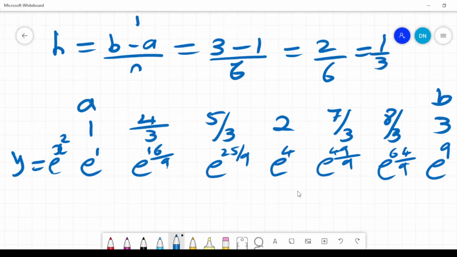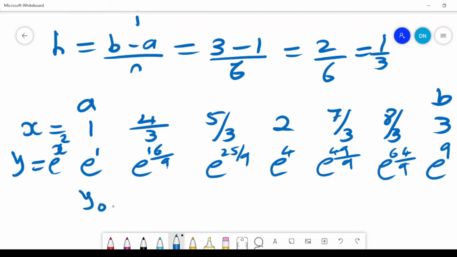These are also our x values, and therefore this becomes our y naught, y1, y2, y3, y4, y5, and y6.